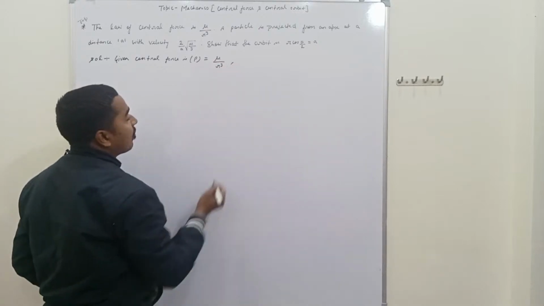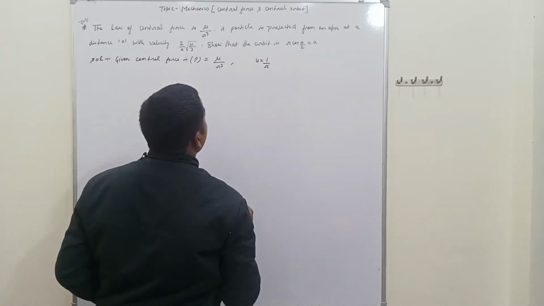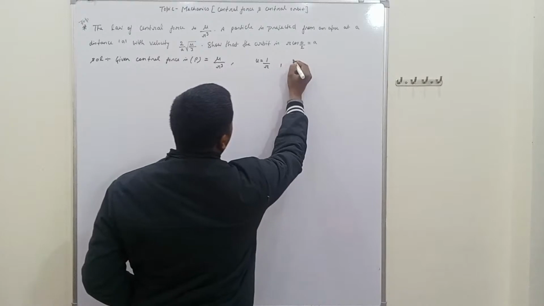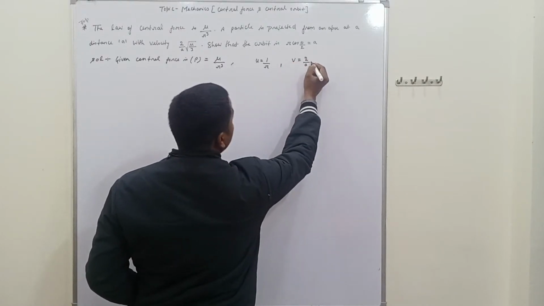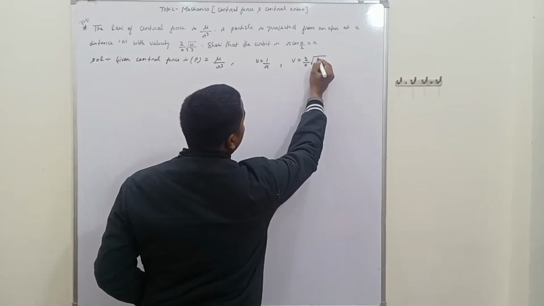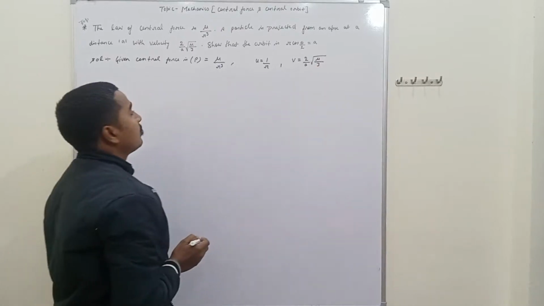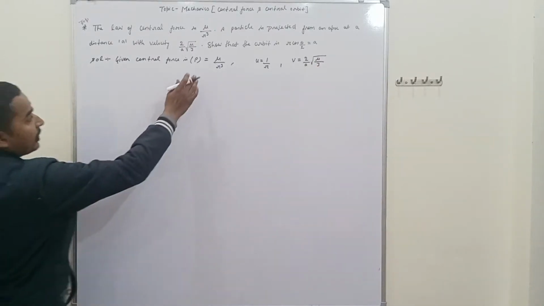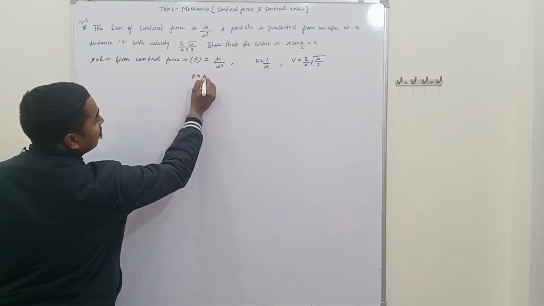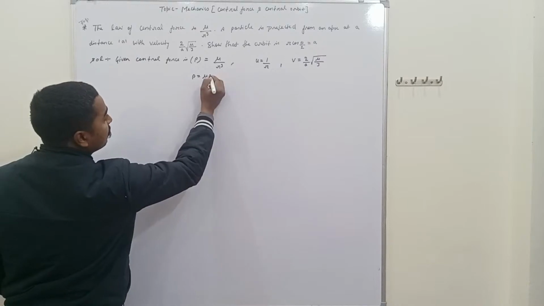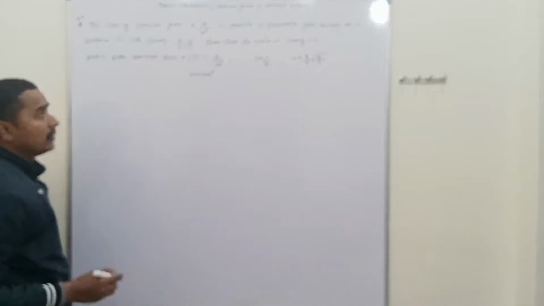In a central orbit, u is equal to 1 upon r and the velocity is given by v is equal to 2 upon a under root of mu upon 3. We can also write the central force, that is P is equal to mu into u cube, because u is equal to 1 upon r.